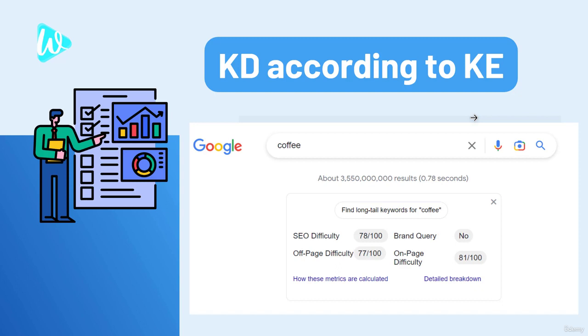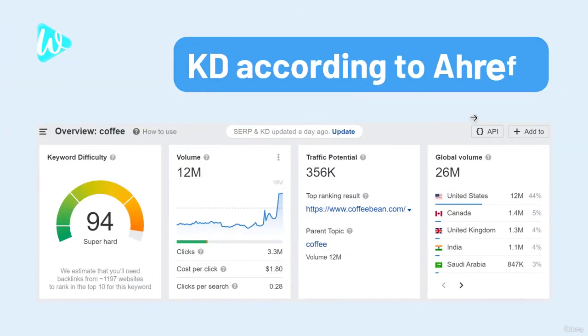Keywords Everywhere also gives you the off-page and on-page score, which we're going to talk about later. But according to Ahrefs, it's not 78 on a scale of 100. It's actually 94. And so Ahrefs is telling you outright, this is super hard to rank for this specific keyword.